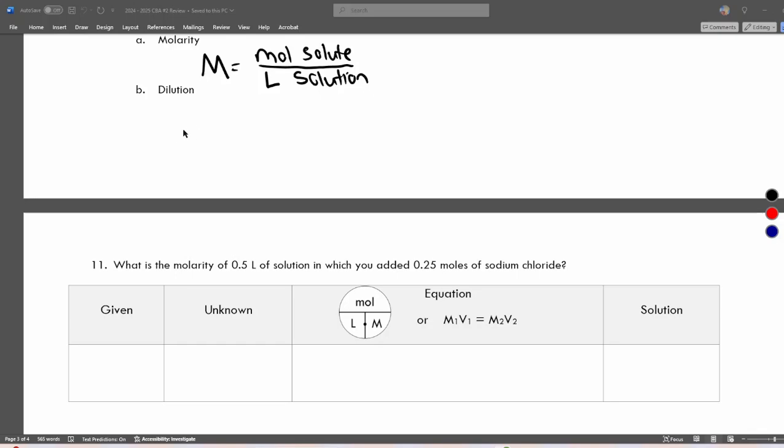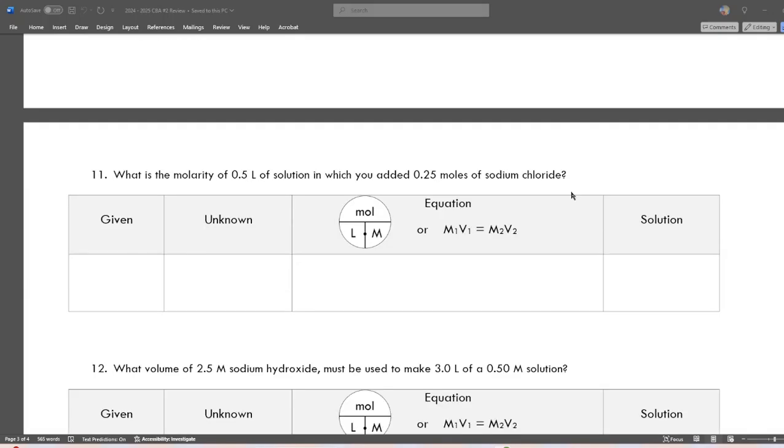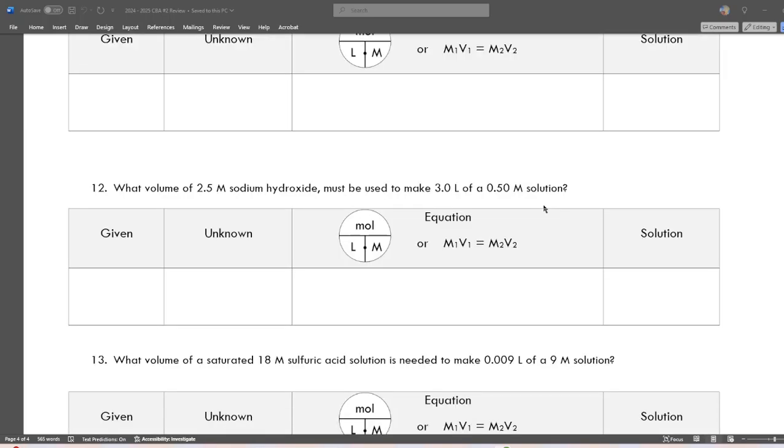And dilution calculation is the concentration times the volume is equal to the second concentration times the second volume. And those are both right here. Remember, we're going to use our molarity wheel to figure out molarity. Not too much left, 3 more.